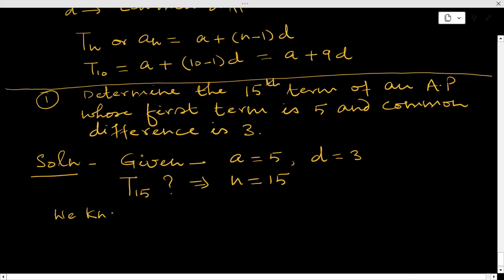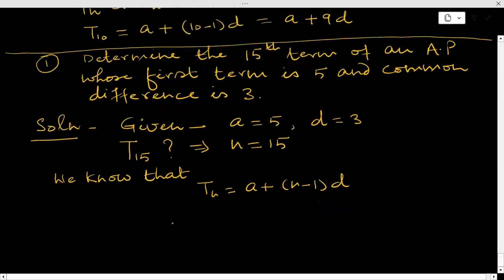Now using the formula of the nth term, we know that Tn is equal to a plus (n minus 1) into d. So now we have all the values with us: we have a, we have d, as well as the value of n.